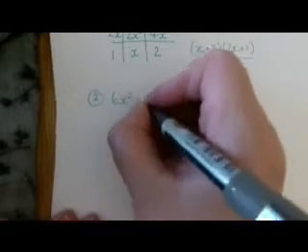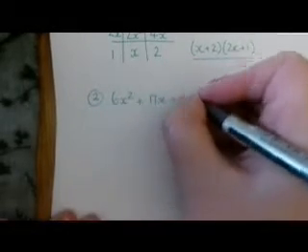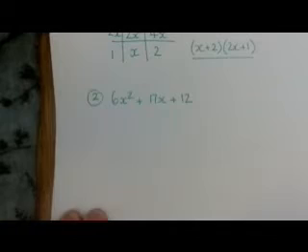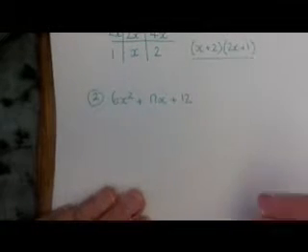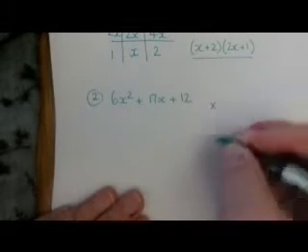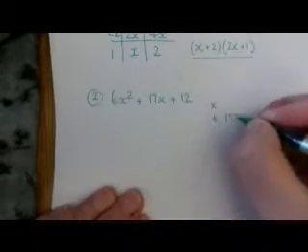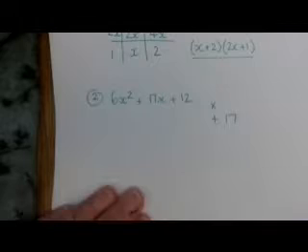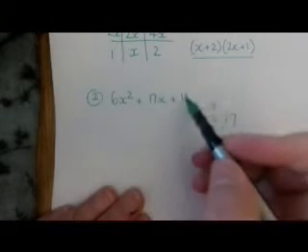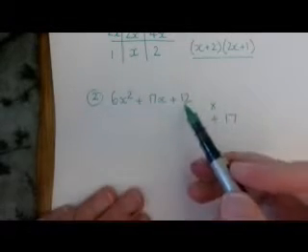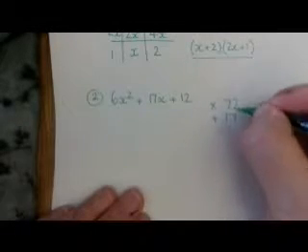6x squared plus 17x plus 12. We need to factorise it, so we're going to look for 2 numbers. The 2 numbers are going to add to make the middle coefficient. They've got to add to make 17. They're going to multiply, not to make 12, but to make 6 times 12, which is 72.